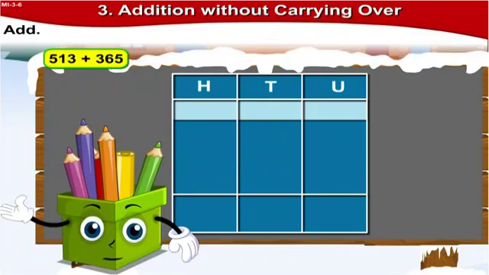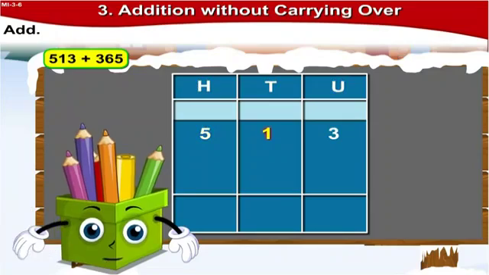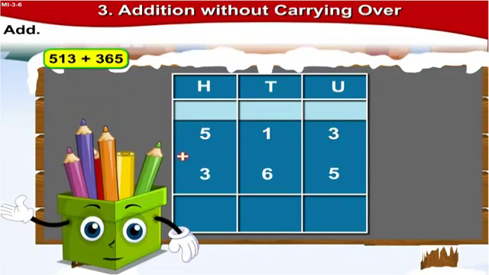Now we have 513 plus 365. First we'll write hundreds, tens, units. Now 513 is equal to 500, 1 ten, 3 units, plus 365 would be 300, 6 tens, 5 units.